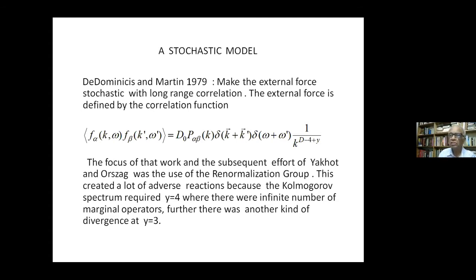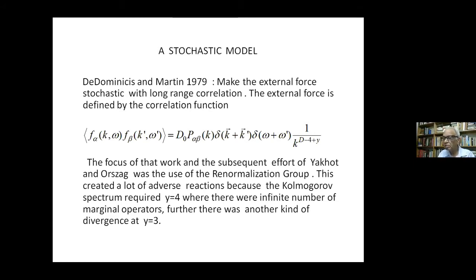So the stochastic model which came into being in 1979, by De Dominicis and Martin, took the external force, which was injecting energy into the system, to have a correlation function given by this correlator: a delta function in wave vector and frequency, falling off as k to the power d minus 4 plus y.